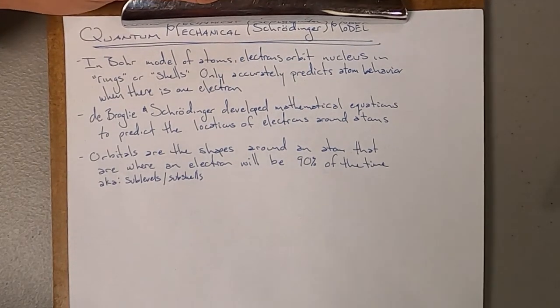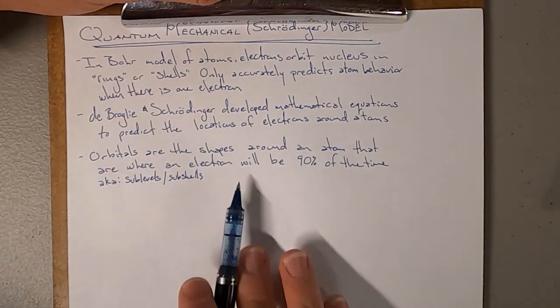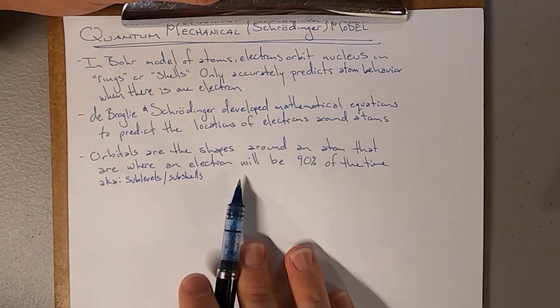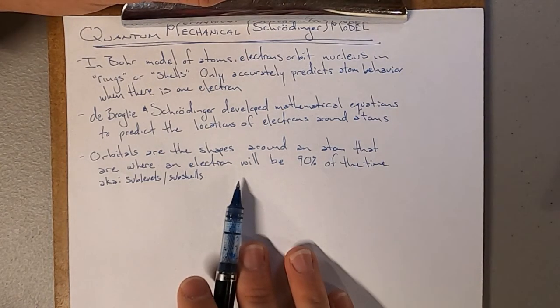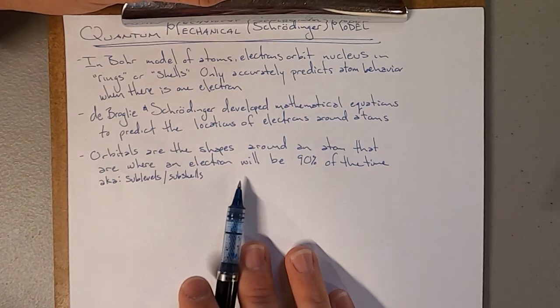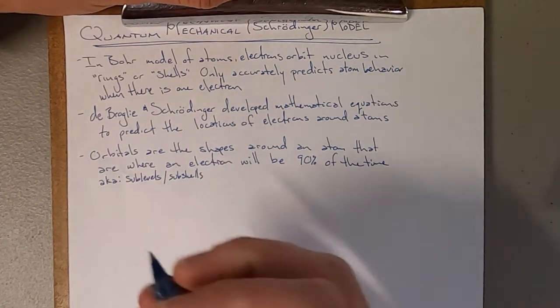And the different shapes of these locations, these orbitals, are called s, p, d, and f. They stand for sharp, principal, diffuse, and fundamental shapes.